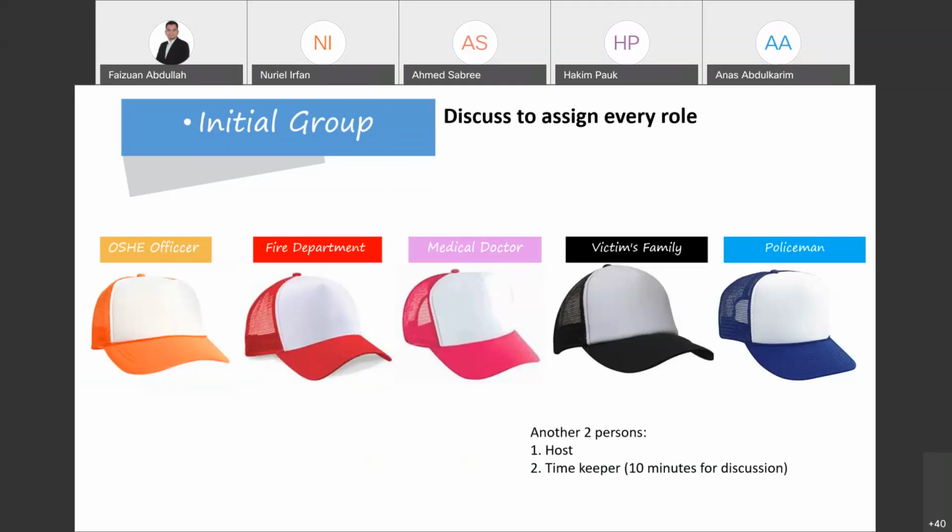What is OSH officer? OSH is the occupational safety and health environment officer, all right? The OSH officer. And then you have fire department officer, a medical doctor, a victim's family, and a policeman, right?